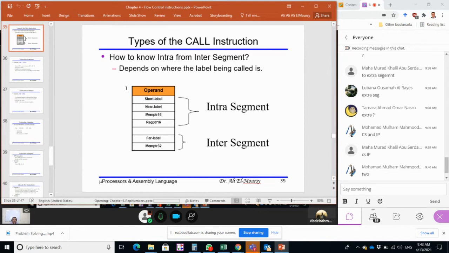I'm not talking about the order of bytes within a value, I'm talking about the order between the IP and the CS. I am pushing IP and CS inside the stack, I'm pushing 4 bytes. What is the order of those 4 bytes to be pushed into the stack?